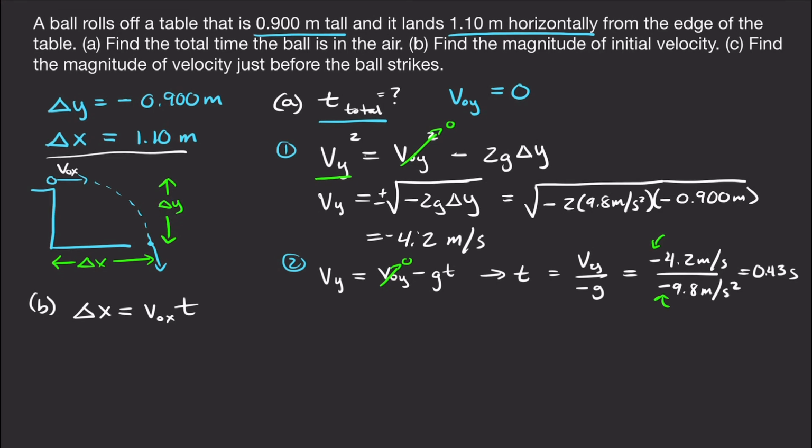So we have everything that we need to solve for v naught x. So I'm going to divide by time on both sides. And this is 1.1 meters over 0.43 seconds. And so its initial speed was 2.56 meters per second.